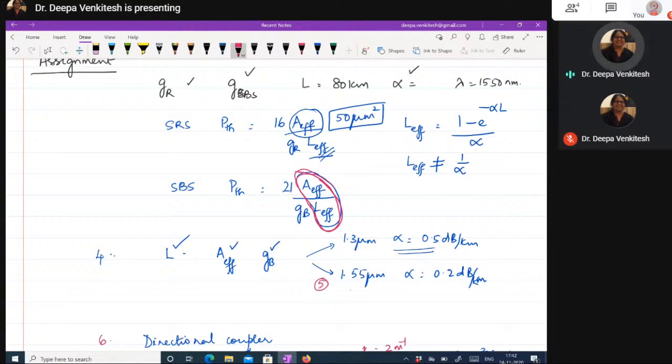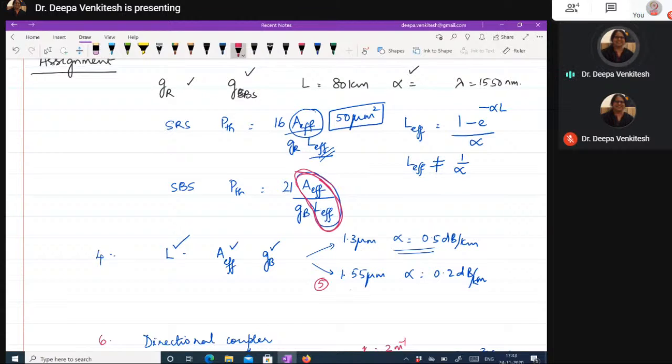But SPM is an effect which does not require phase matching. Even cross-phase modulation does not require any phase matching, because the effect is only because of the fact that the power is fluctuating. You have a dP by dt, and that will happen irrespective of what the dispersion is.